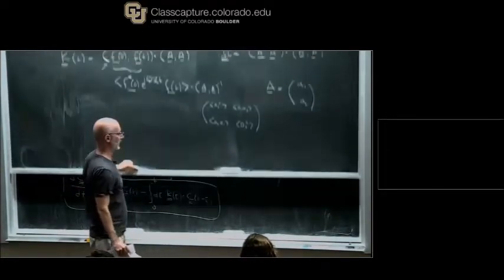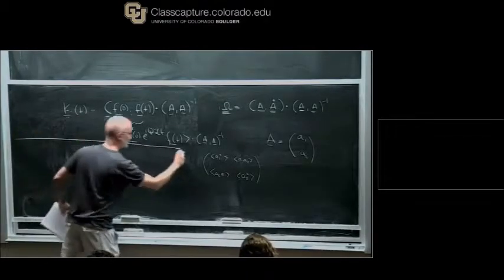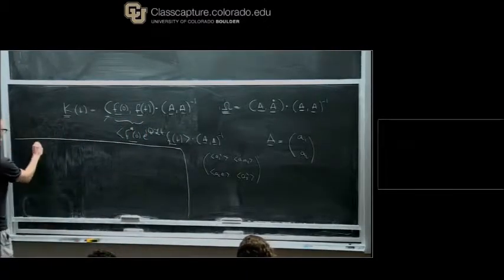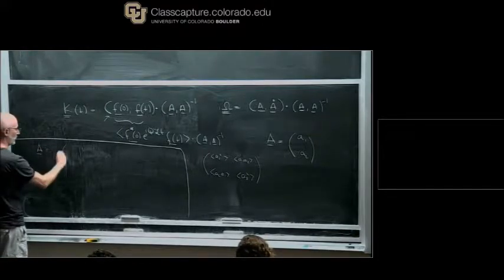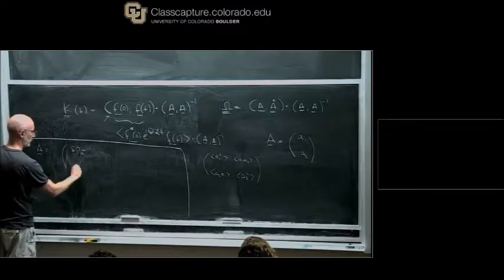Okay, so actually, what is the A that we chose right at the end of class? I said that we should take our A to be the fluctuation of the density and the longitudinal current.